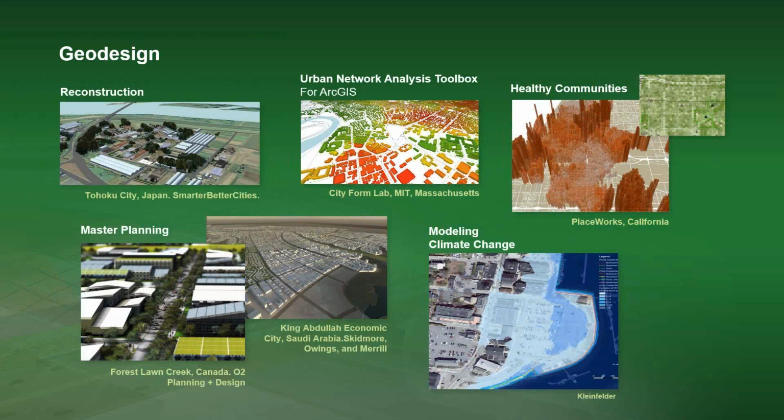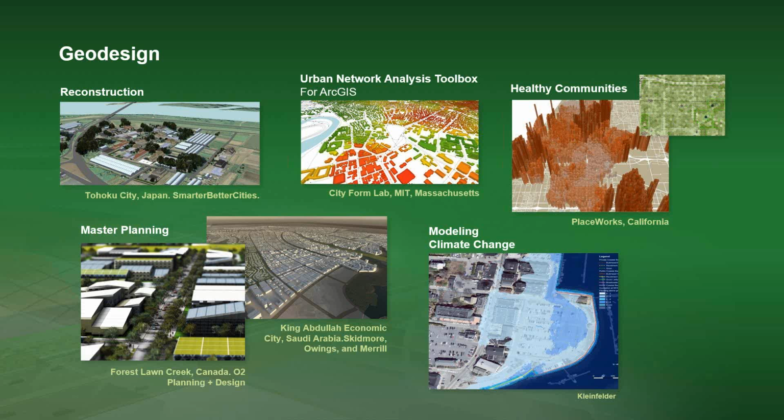And it's being used by a lot of different companies. And so I've got an example up in the far left for Tohoku, Japan, where the entire city was wiped out by the tsunami a couple of years ago. And they're redesigning the village. That's actually what used to be there. And then they're looking at alternative plans for what should be there. And the master planning is another key example of how you can use CityEngine.